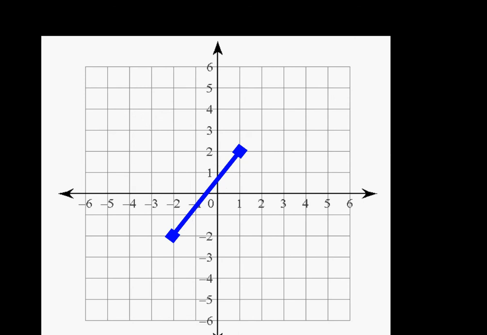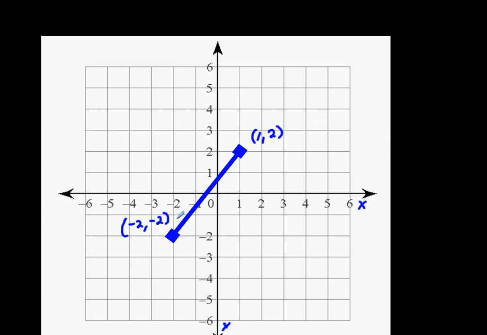We're going to name this point (-2, -2), and this point is (1, 2). This is your x-axis, this is your y-axis. We always label the x first and then the y.